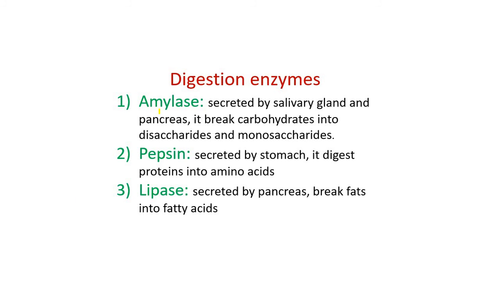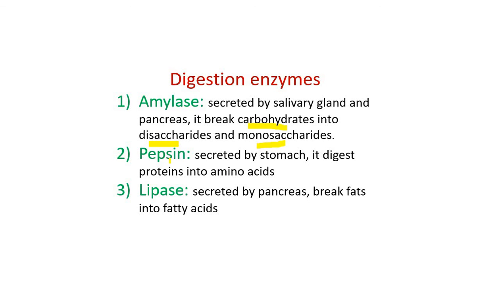These are examples of the enzymes that help in digestion of food. Amylase, we said, is secreted by the salivary glands and also by the pancreas. It helps in the digestion of carbohydrates. When carbohydrates are broken down, they are broken down into disaccharides and monosaccharides. It's generally sugars.